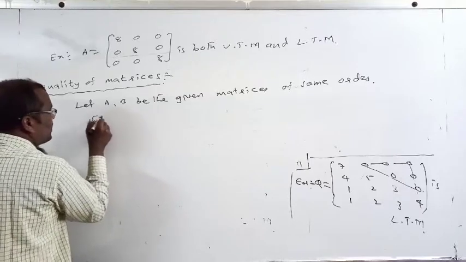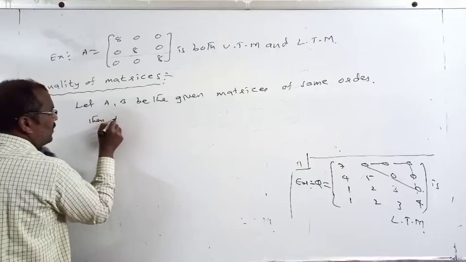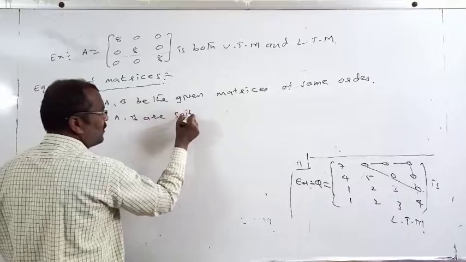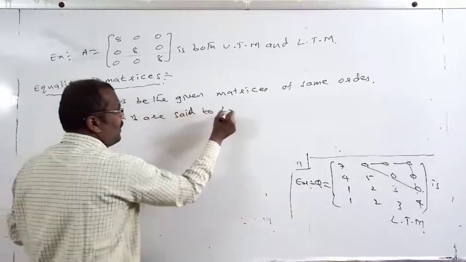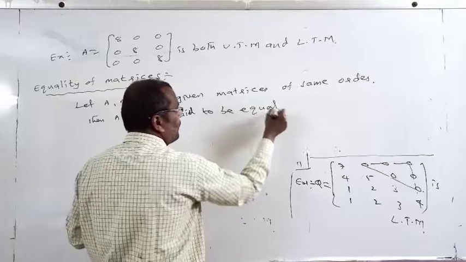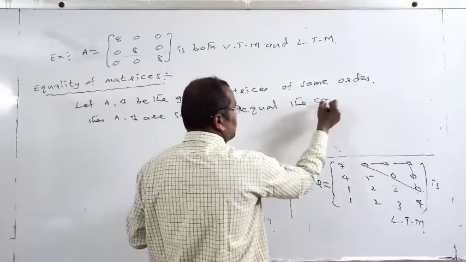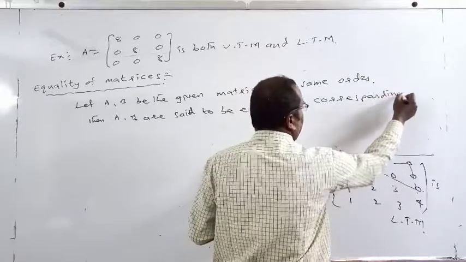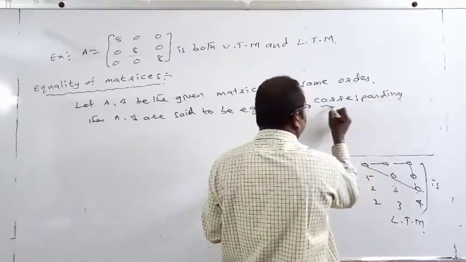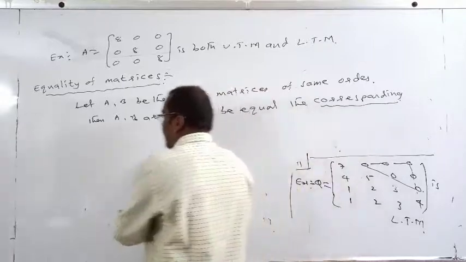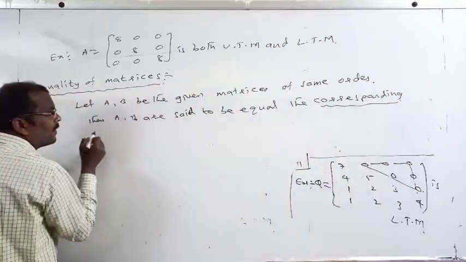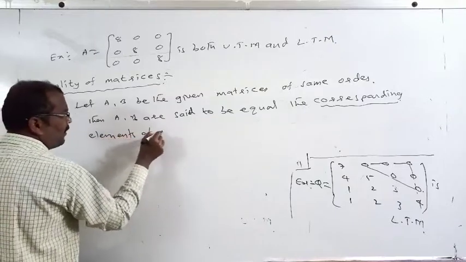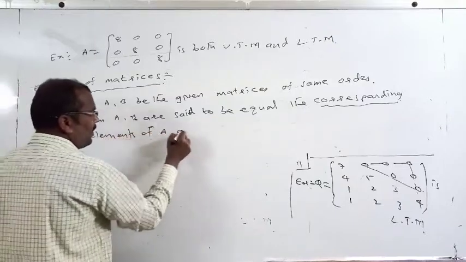Then the two matrices A, B are said to be equal if the corresponding elements of A and B are equal. So underline the corresponding elements.